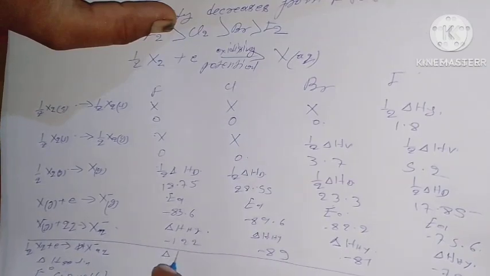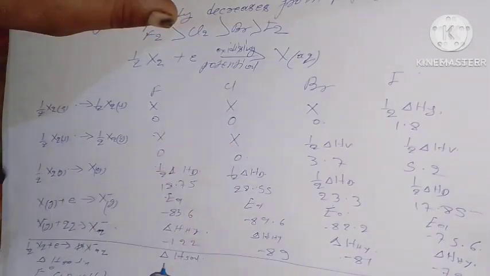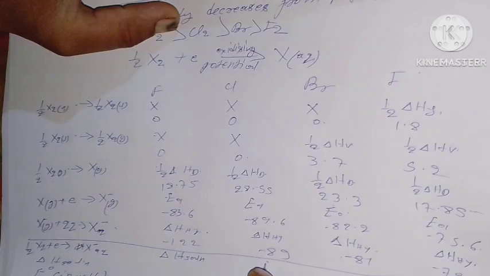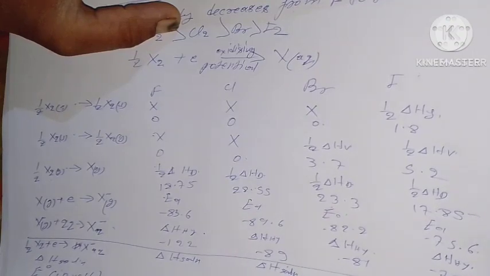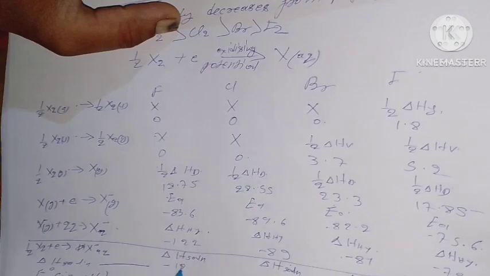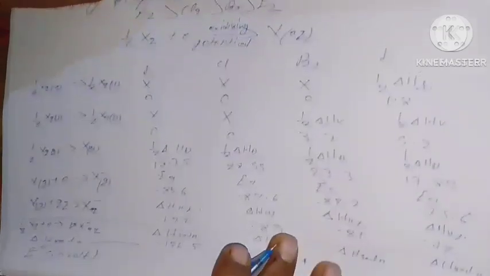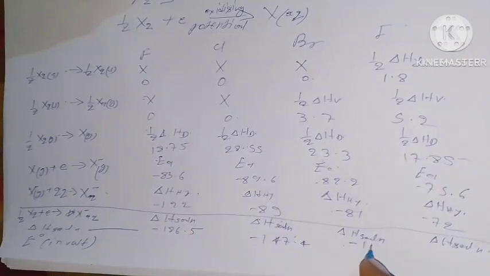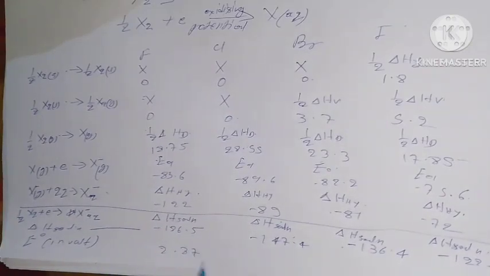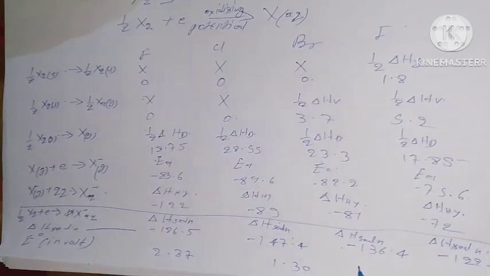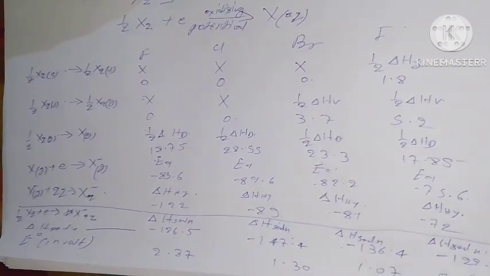That is minus 186.5, minus 147.4, minus 136.4 and minus 122.8 kcal, which is 2.87 electron volt, 1.30 electron volt, 1.07 electron volt and 0.54 electron volt.